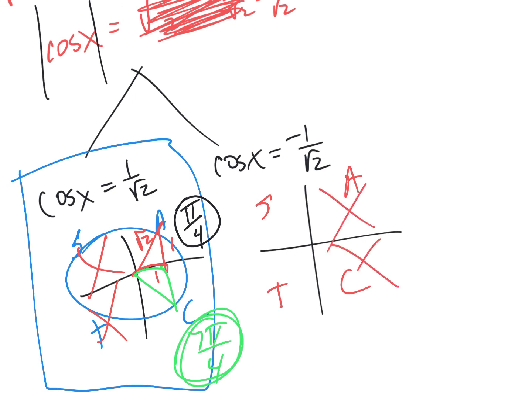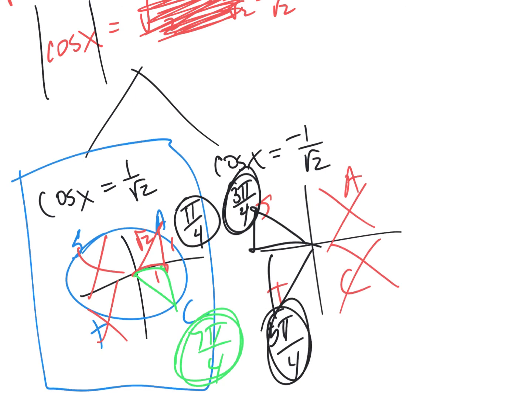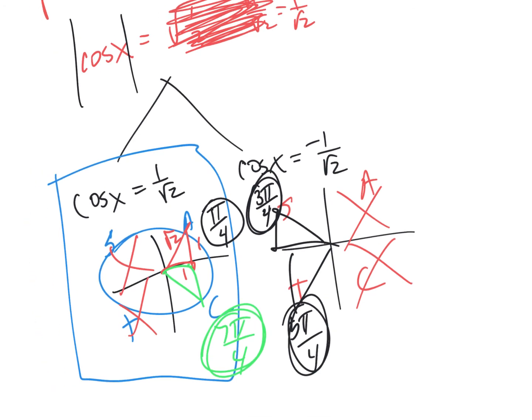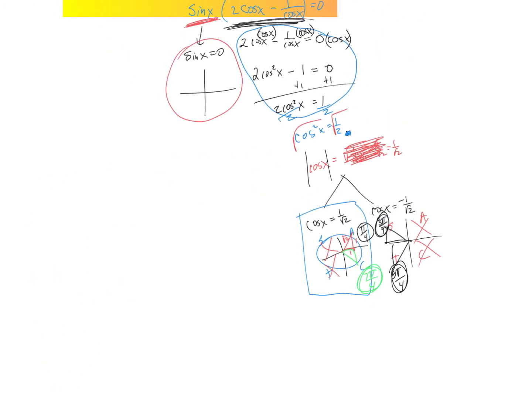S and T. So then in these two quadrants, given that they're pi over 4s, how many pi over 4s? 3 pi over 4 and 5 pi over 4. So 3 pi over 4, 5 pi over 4, 1 pi over 4, and 7 pi over 4. But if set in the right order, 1 pi over 4, 3 pi over 4, 5 pi over 4, and 7 pi over 4.